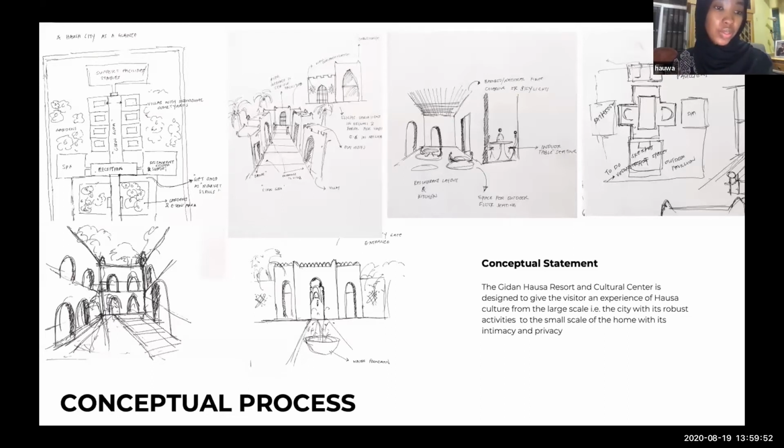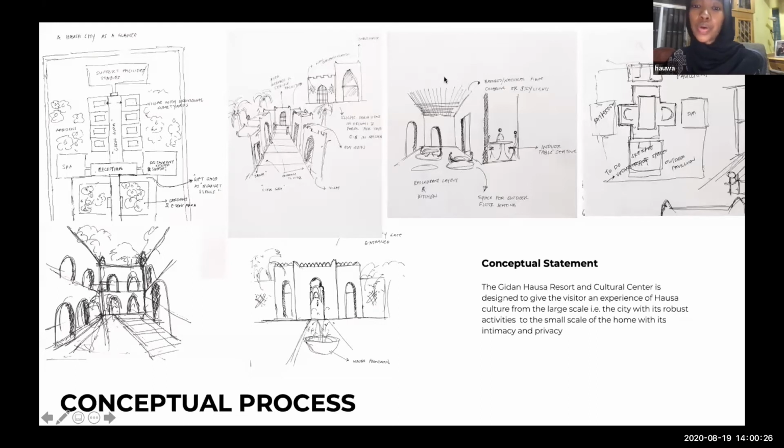So I laid out the main part of the resort to depict a Hausa neighborhood or street. You can see the different houses with the different facades, and I created this sort of courtyard or hallway here, which is inward looking. So it creates privacy for the visitors.